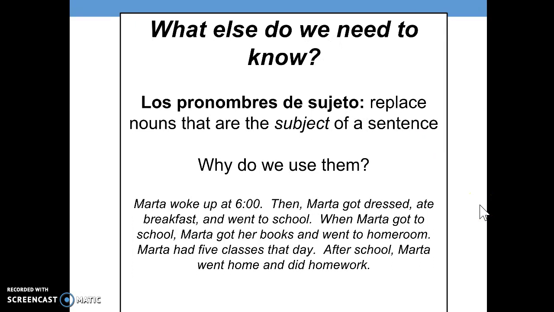First off, we need to deal with subject pronouns. What subject pronouns do is replace nouns that are the subject of a sentence. So in English, subject pronouns are words like I, you, he, she, we, or they, or you all.